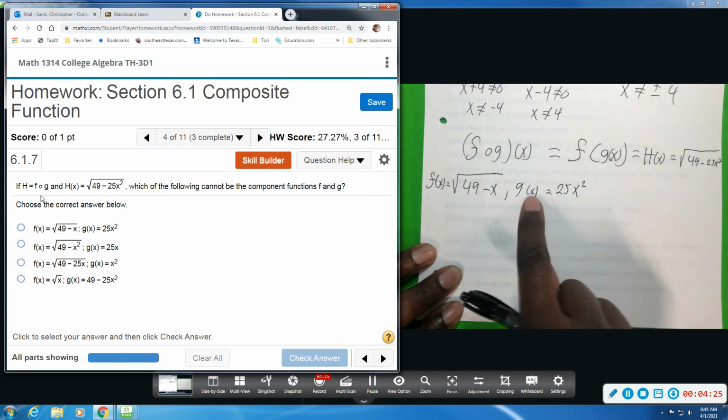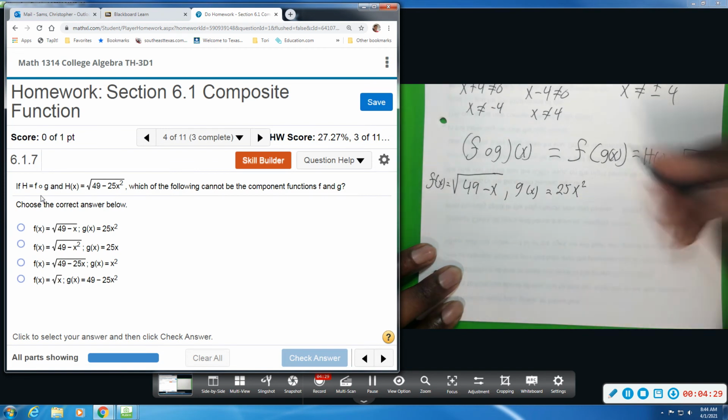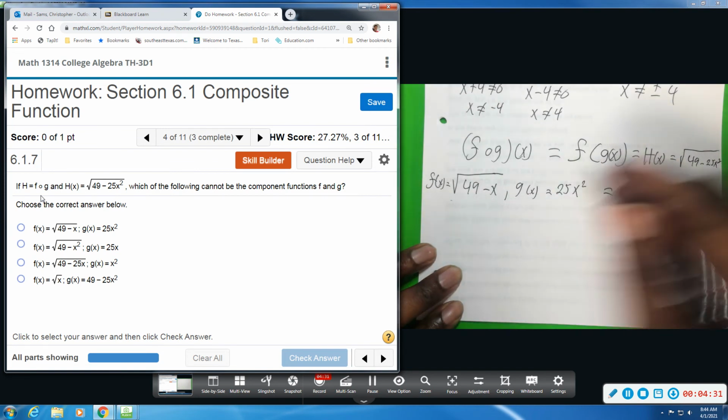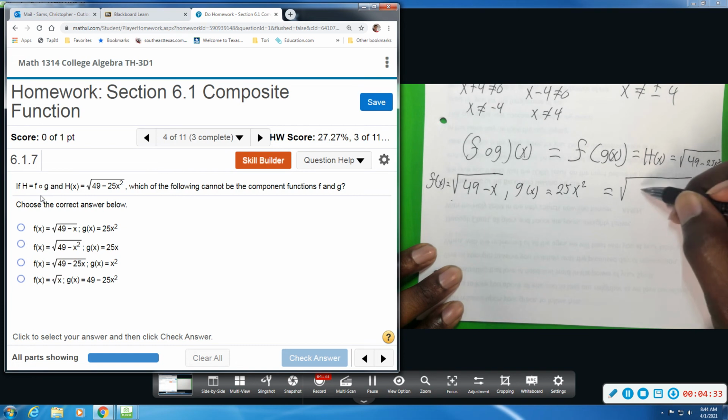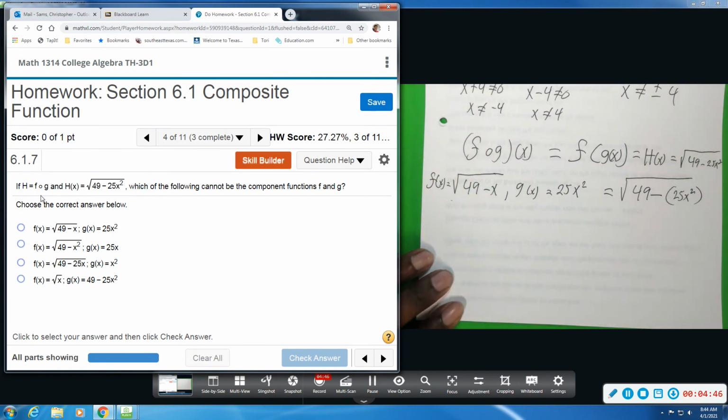So if I was to take this whole equation and plug it in for x, would it equal this? Well, let's see. So I would start out with this one, square root of 49 minus, and then instead of x, I'm going to replace it with the 25x squared. So this matches that, so A can be used. It is not one of the ones that is incorrect.